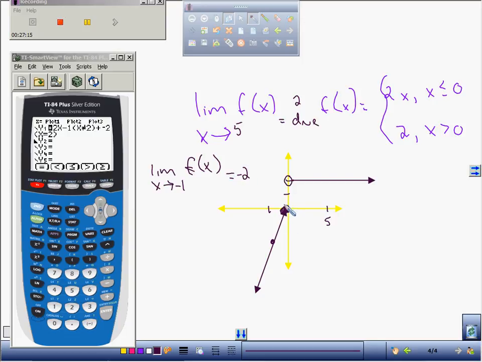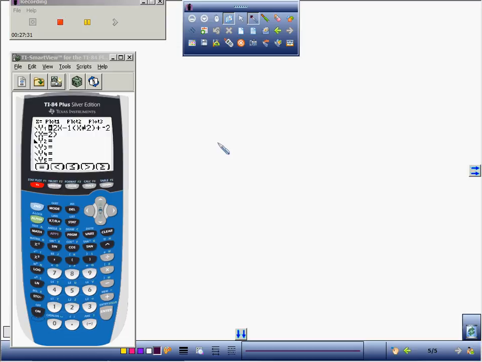Okay? And then the last thing you're going to see is to find a limit with your calculator, which I already kind of showed you. So say you have something like this.